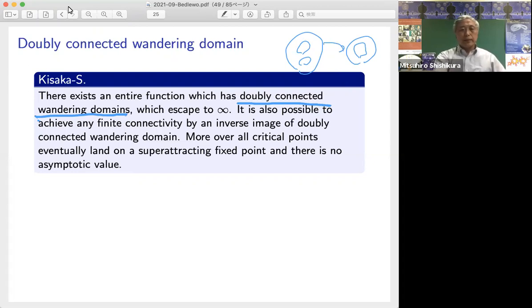And the critical points eventually land. So for example, in this picture, to realize this, you need a critical point that lands on the doubly connected one. And in this case, you can also show that there's no asymptotic value, because there's a curve that is escaping to infinity with non-trivial winding numbers around 0.